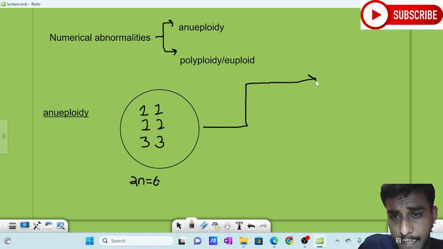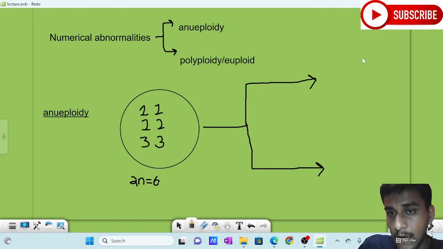Okay, look here. After cell division, which means anaphase, 2 cells are formed.